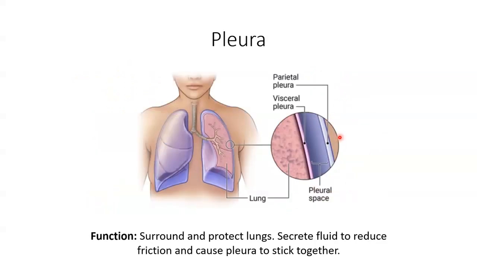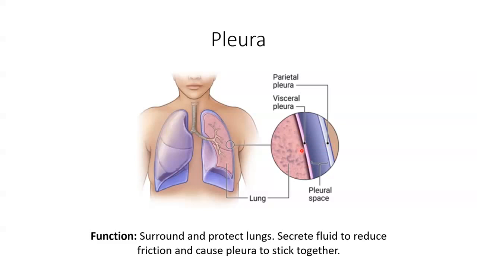Now, surrounding and protecting each lung is a double-layered serous membrane called the pleural membranes, or the pleura. The superficial layer, so the layer more on the outside, is called our parietal pleura. This lines the wall of the thoracic cavity, so kind of lining the inside of the ribs.